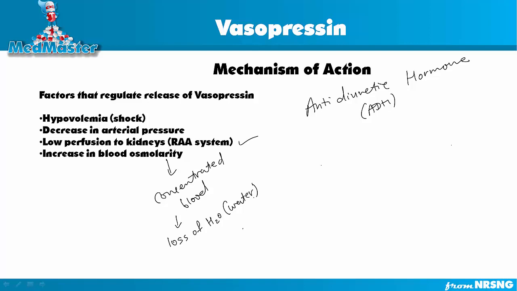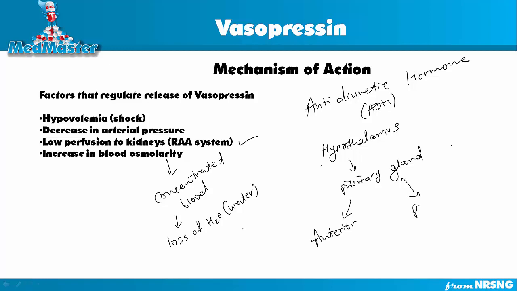Where does vasopressin get secreted from? In our brain, there is a region called the hypothalamus, and there we have the pituitary gland. There are two sections of the pituitary gland: the anterior pituitary gland and the posterior pituitary gland.